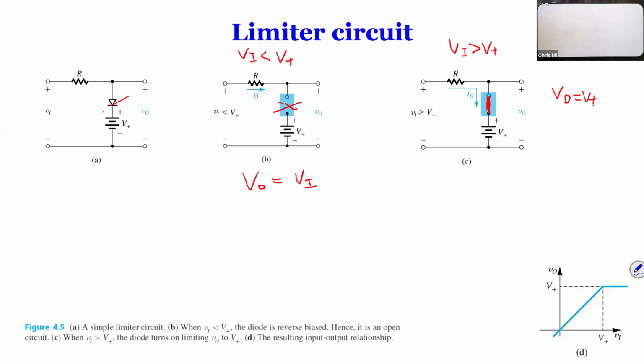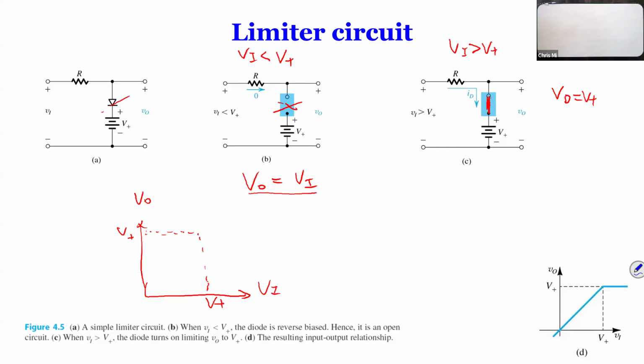Okay. So if we plot the relation between VO and Vi, we're going to have to define where V plus is. If Vi is less than V plus, which means in this area, this is Vi, and this is V plus.